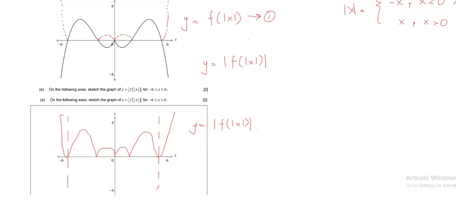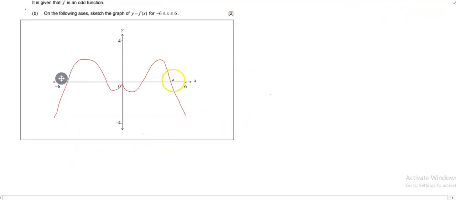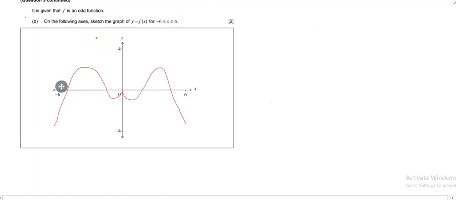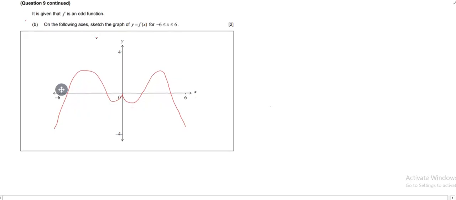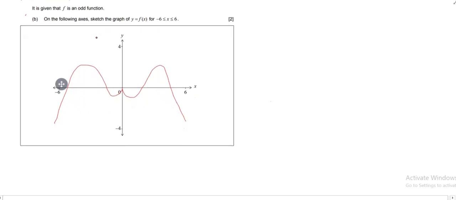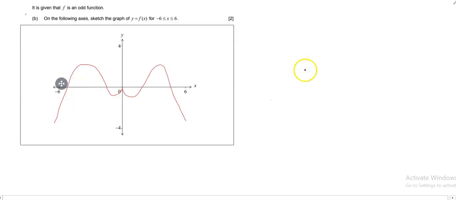Now let's move to part B. I have already plotted the function over here, and now it is given that f is an odd function. On the axis, sketch the graph of y is equal to f of x. So now we know that for an odd function we always have rotational symmetry.